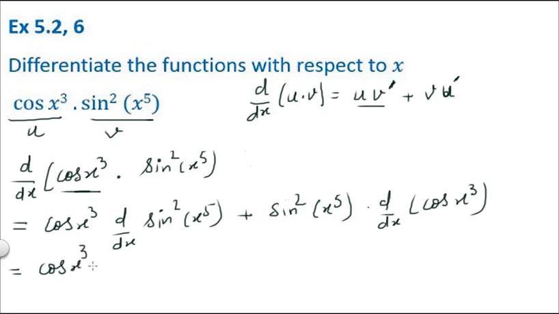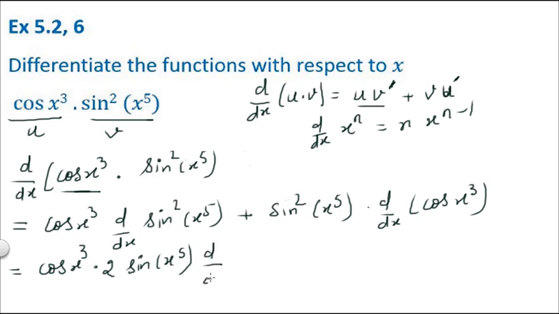Cos x cube into differentiation of sine square. So you know that if we have x to the power n, we write its differentiation as n into x to the power n minus 1. So first of all you have sine square x to the power 5, the power will be reduced by 1. So it is sine, and we will be left with 1 only.